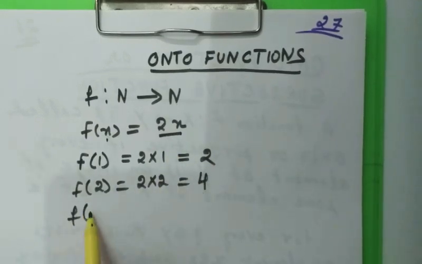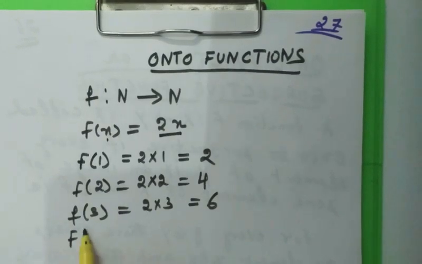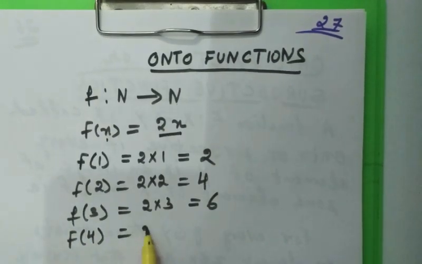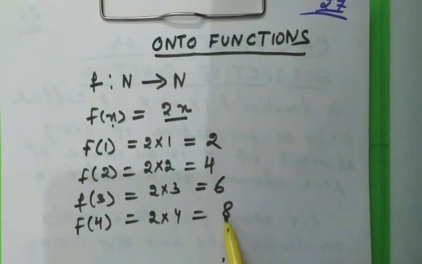If I take the next natural number, this function makes it 2 into 3. So, now I think we have started understanding the pattern. We are getting 2, 4, 6, 8. Although they are all natural numbers, they are all even natural numbers.